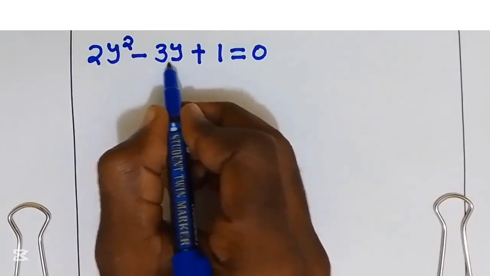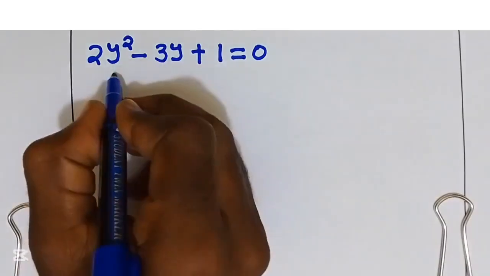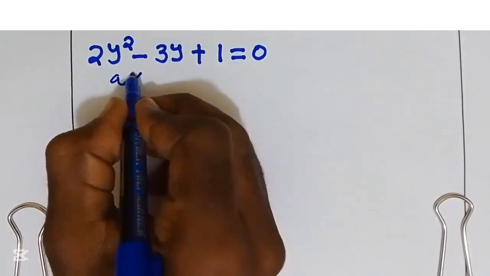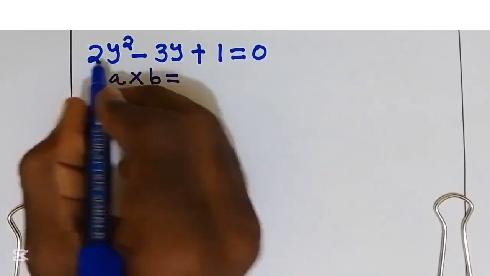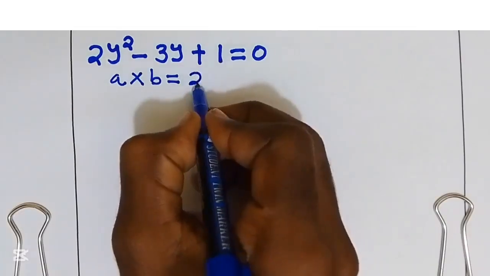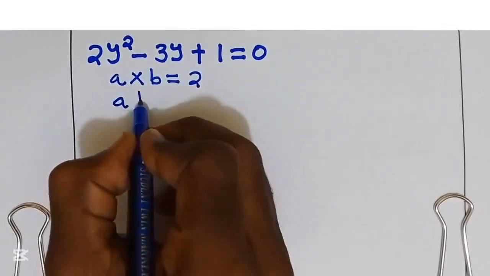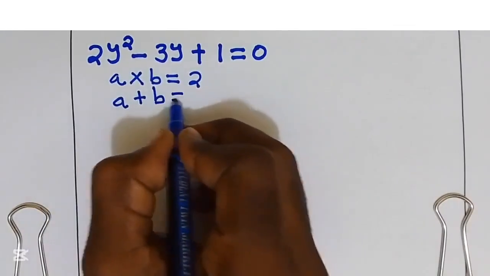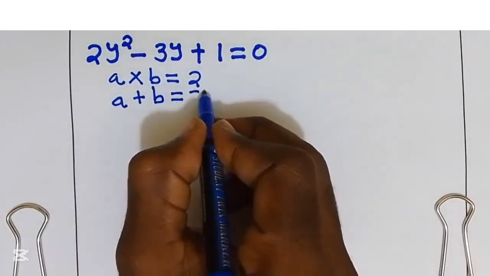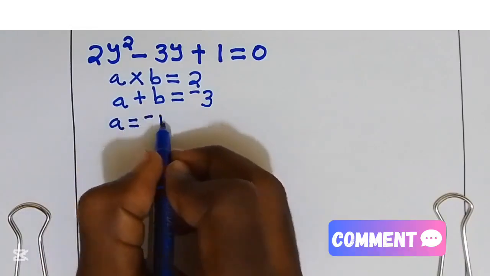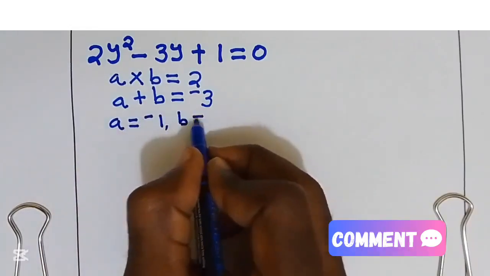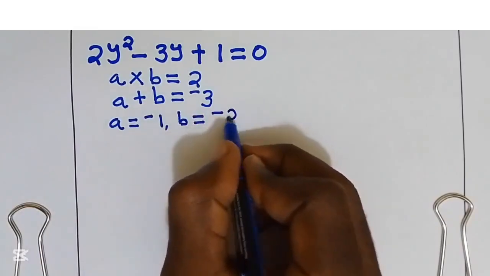I'm going to split the middle term. A multiplied by b is supposed to be equal to 2 times 1, we get 2. And a plus b is supposed to be equal to negative 3. Now a will be equal to negative 1 and b equal to negative 2.